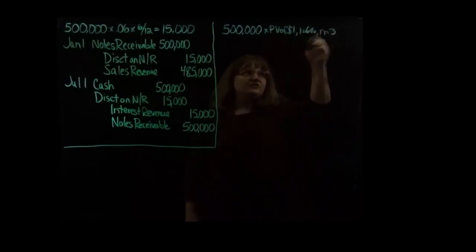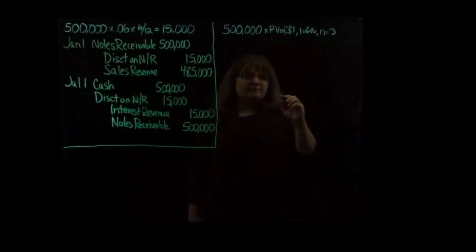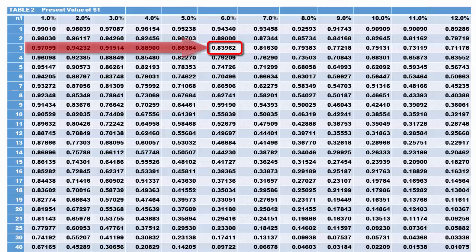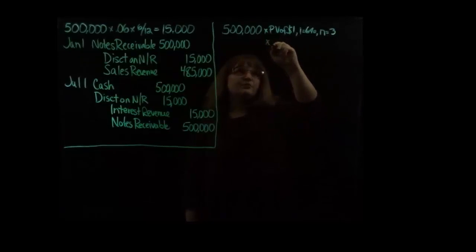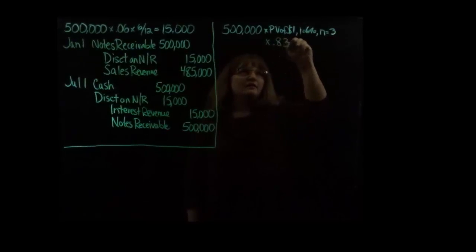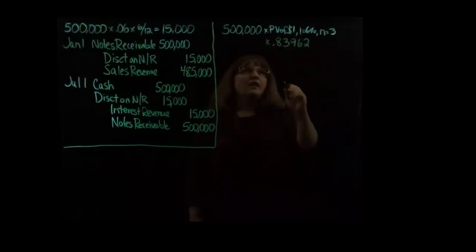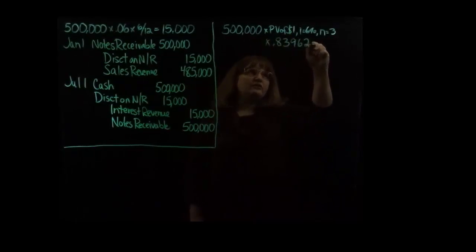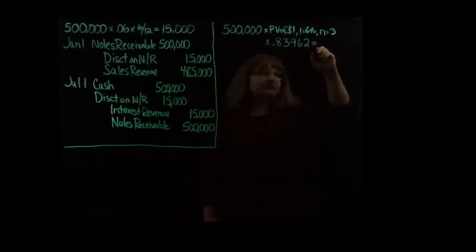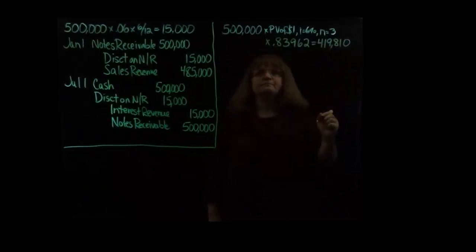If we find the factor in that table, take a minute to look at that. We find that that factor is 0.83962. And if we multiply that times the 500,000, that gives us the present value of this note as $419,810.